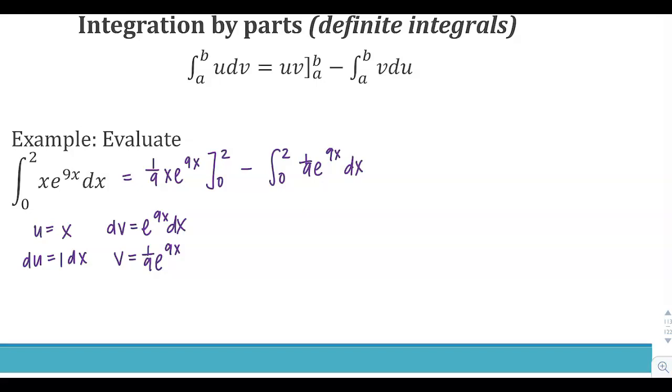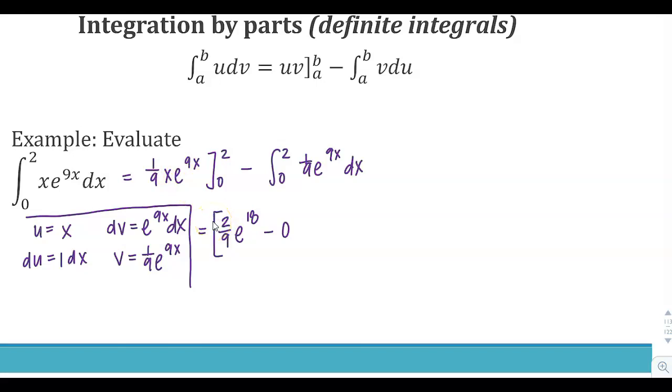So this right here was my scratch work. Here I'll go ahead and start to substitute in the 2 and then the 0. If I substitute in the 2, I get 2/9 e to the 18, and then minus 0, because if I substitute 0 into this x, then the whole product becomes 0.